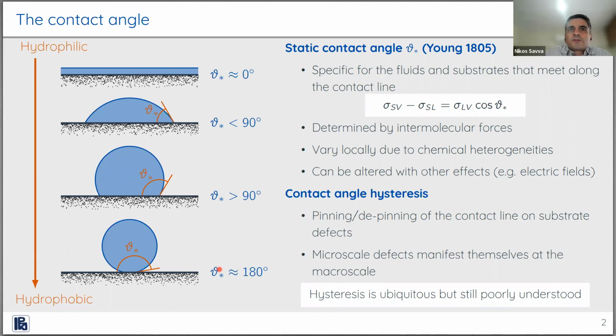This is a manifestation of small scale defects altering the macro scale behavior of the drop. And an important message is that the hysteresis, although it is ubiquitous, and we always see this in experiments, is still poorly understood because the coupling of all the scales that are present in the problem has not been achieved to date.